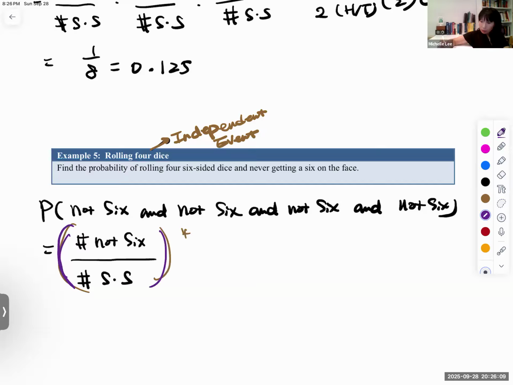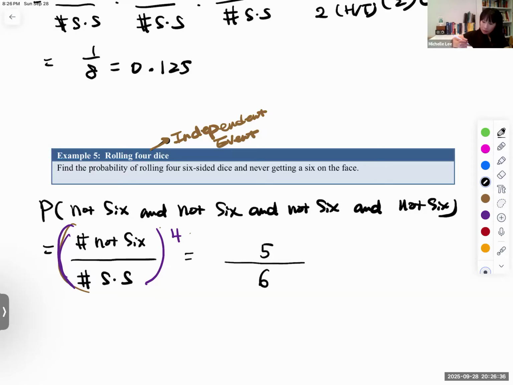So 4 times. How many sample spaces are there? 6. One die has 6 possible outcomes, right? And then how many not 6? 5 of them, 1 through 5.